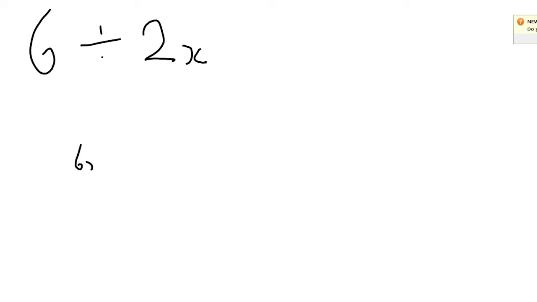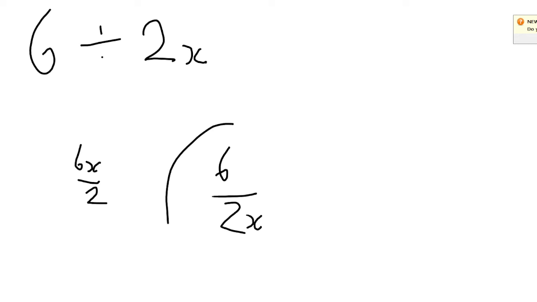If you have 6 divided by 2, you're going to write that as 6 on 2 in a fraction. Makes sense. If we have some variable x, 6 divided by 2 times x, you wouldn't write that as 6x on 2. You'd write that as 6 on 2x because this just looks way neater.